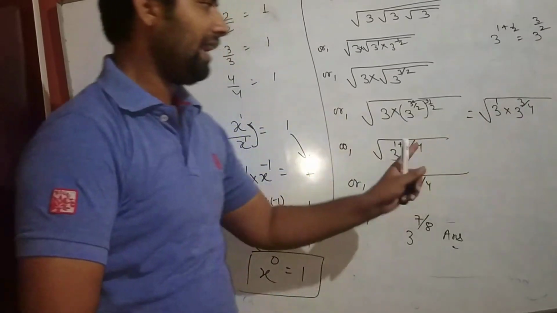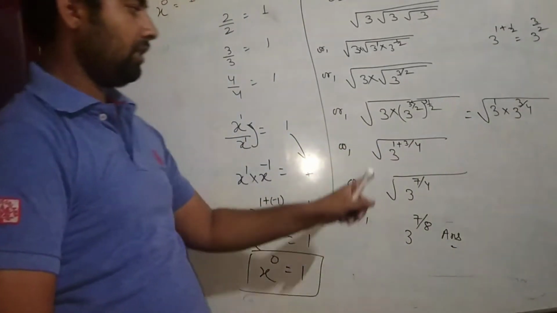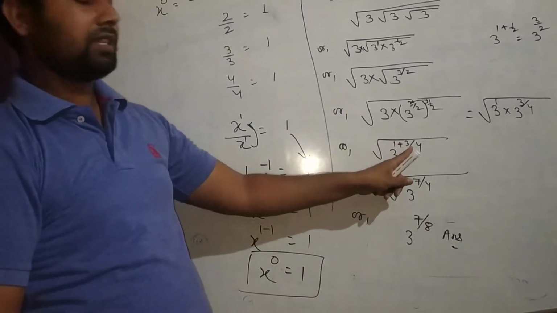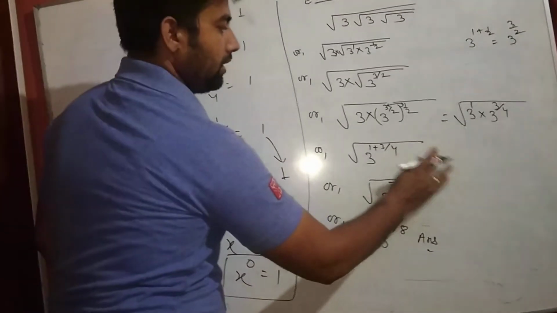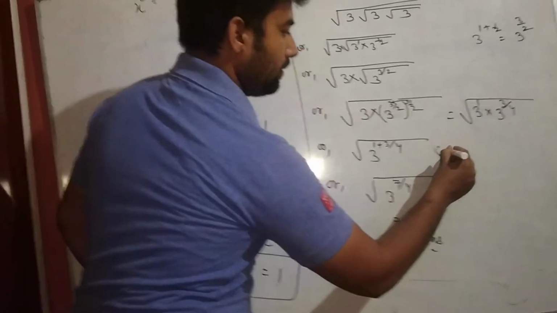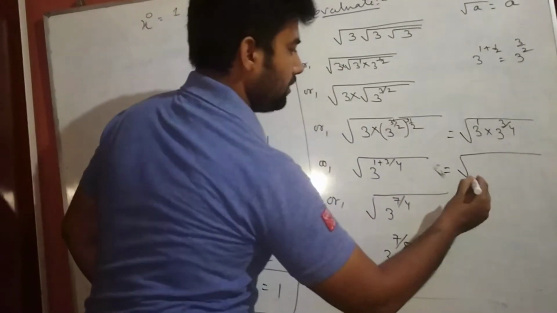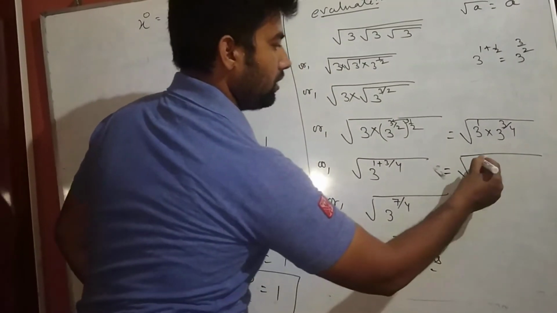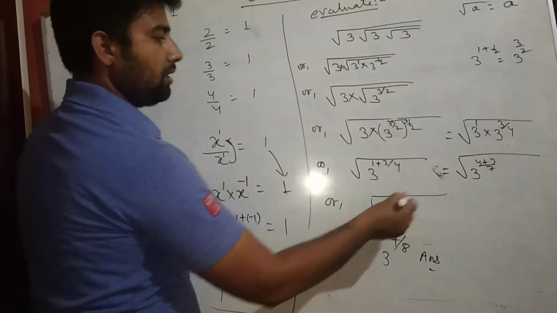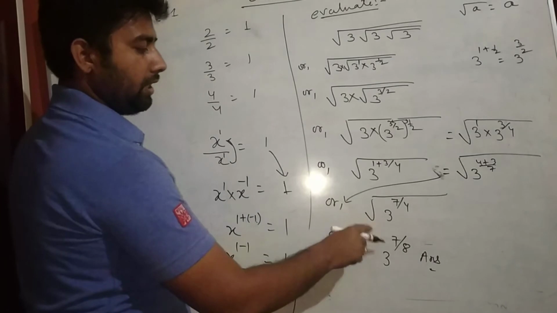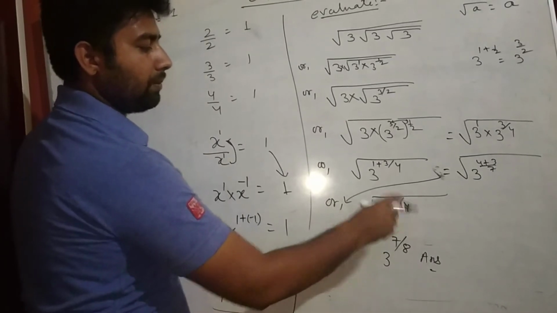The powers will be added because the bases are the same, so 3 to the power 1 plus 3 by 4. When we add this, we get 3 to the power 4 plus 3 by 4, which is 7 by 4. So you can write this as square root over 3 to the power 7 by 4.